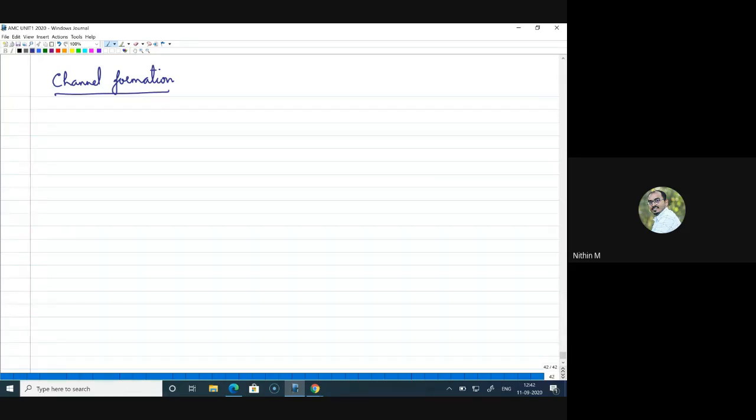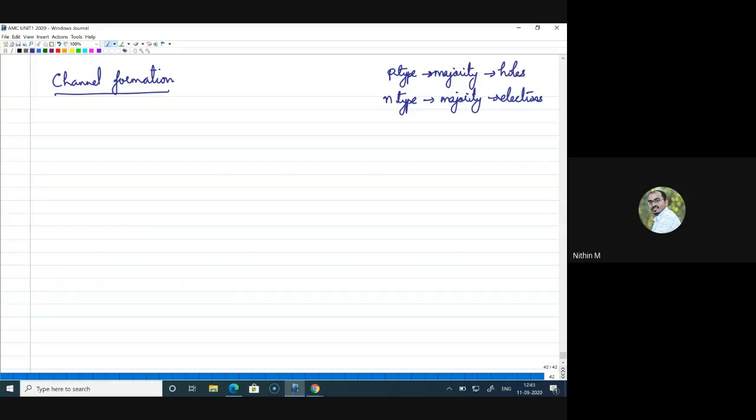Before that, let me tell a few device physics concepts to make our explanation easier. We know that there are two types of semiconductors, p-type and n-type, right? In p-type semiconductor, the majority charge carriers are holes, and in n-type semiconductor, the majority charge carriers are electrons, right?